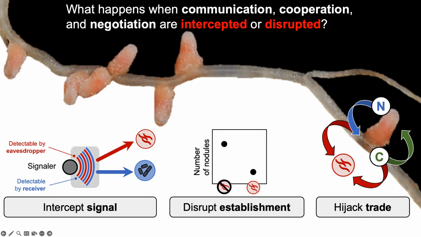So I have some quick questions. When you say intercept signal, I guess it could be two things. One is it detects the signal and comes and joins the fun. And the other is that it detects the signal and then blocks it so that the microbe doesn't actually come in and use things. I'm imagining more the former, although I don't have direct data on either.